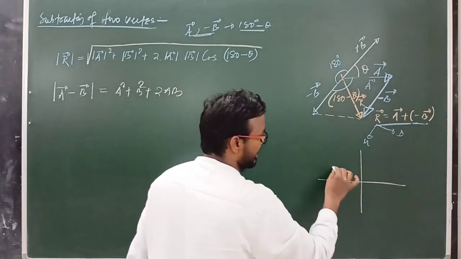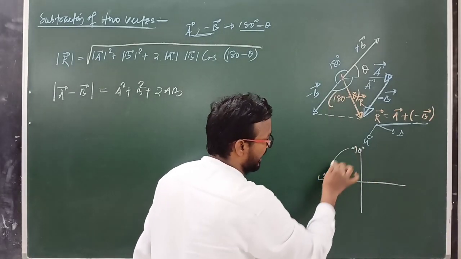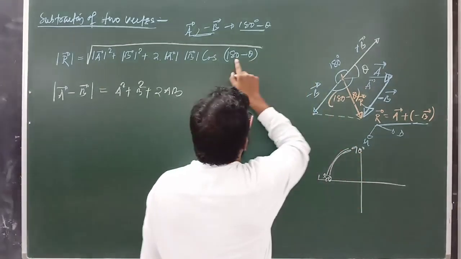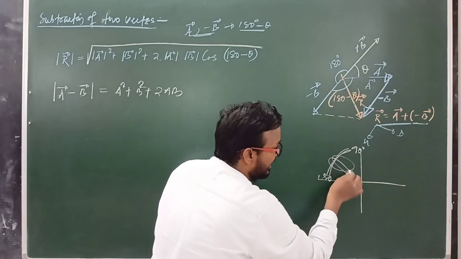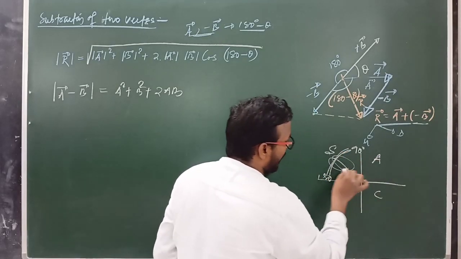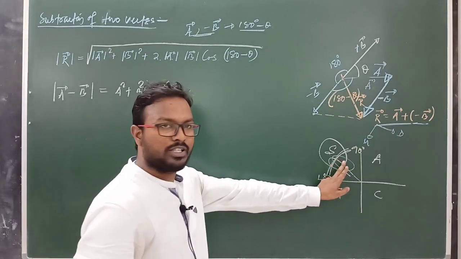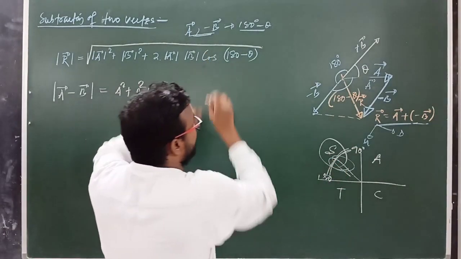Here second quadrant means above 90 and 180, between 90 and 180 degree. So here cos 180 minus theta, 180 minus theta means second quadrant, and in the second quadrant, add sugar to coffee. Only the sin function is positive here in the second quadrant. Clear? So this is the cos function, so the cos function is negative.